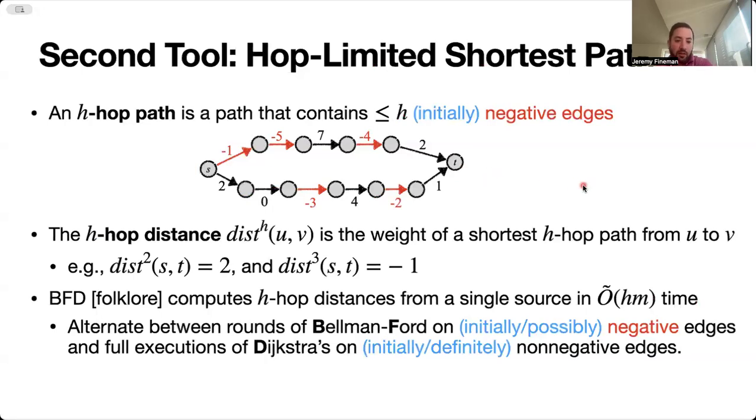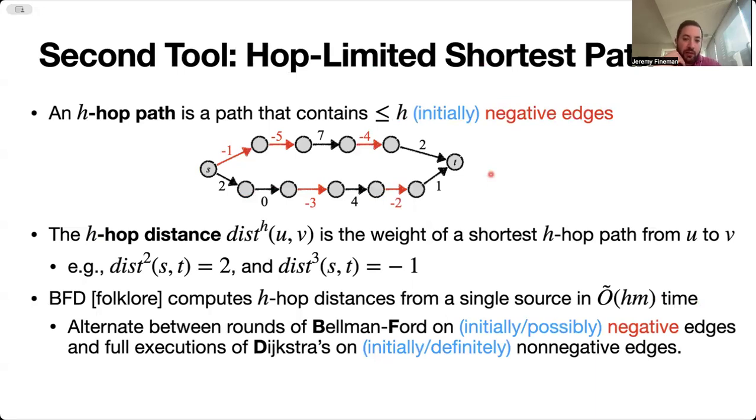The h-hop distances are the weights of the shortest h-hop paths. So in this picture, the 2-hop distance from S to T is characterized by the path along the bottom, which has a total weight or distance of 2. And the shortest 3-hop distance goes along the top here, giving us a distance of -1.